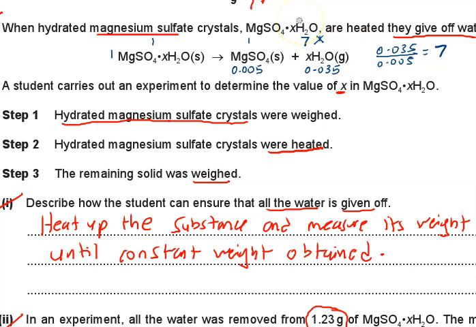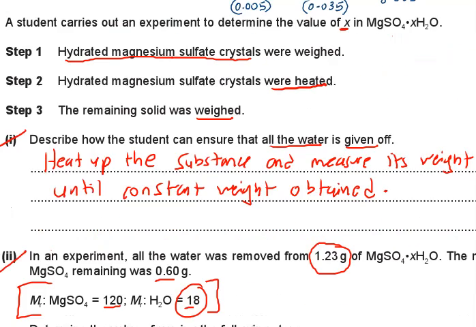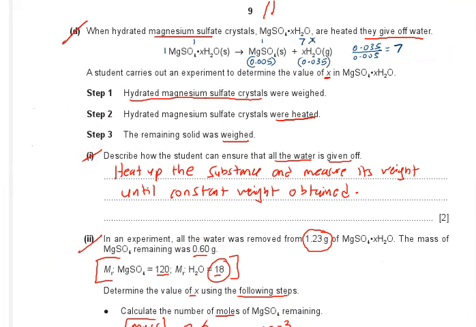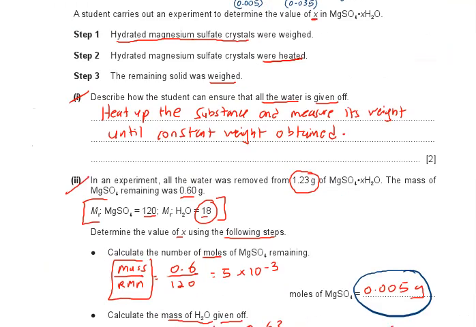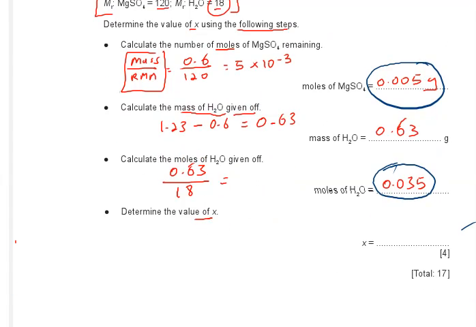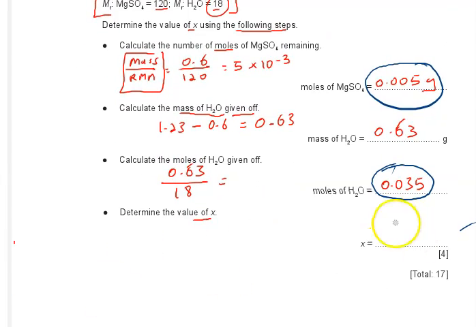So X is 7. Remember, this ratio can only be used by using mole. So your answer here will be 7. This is the total mark for this question.